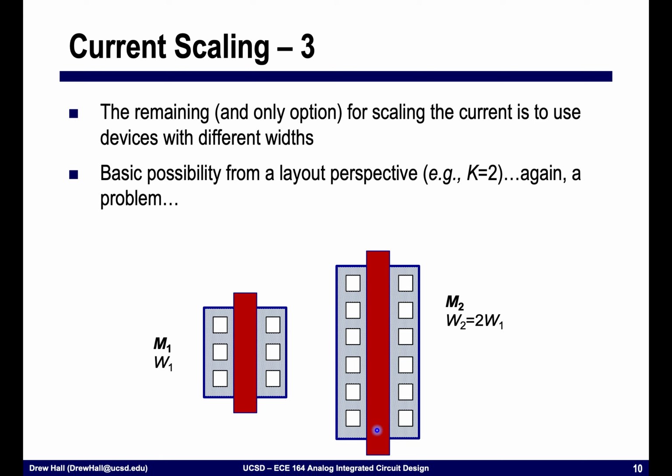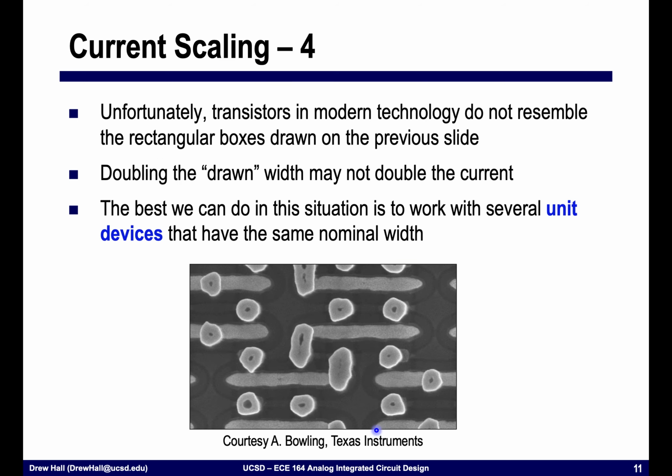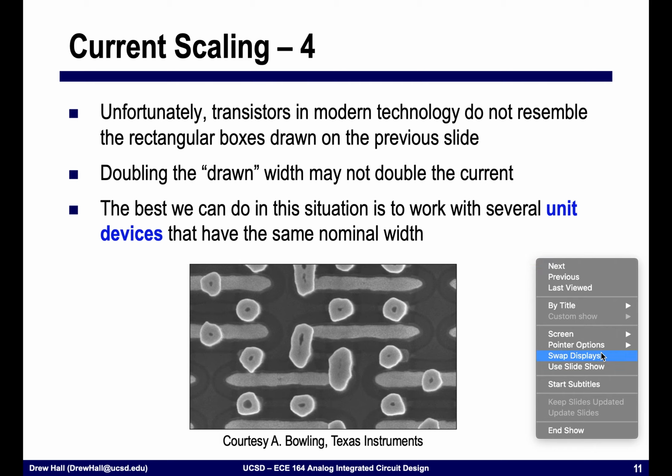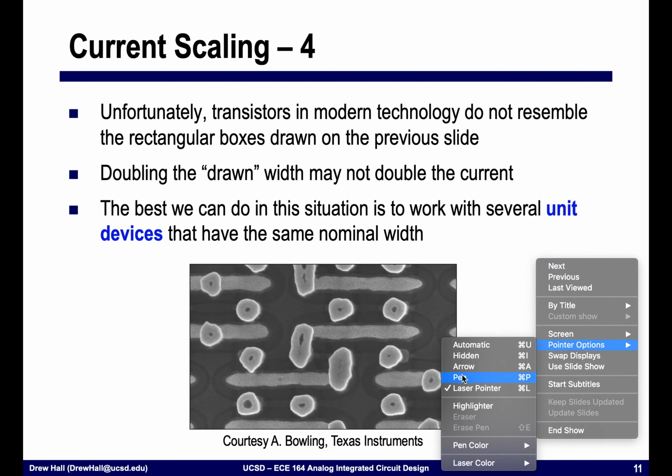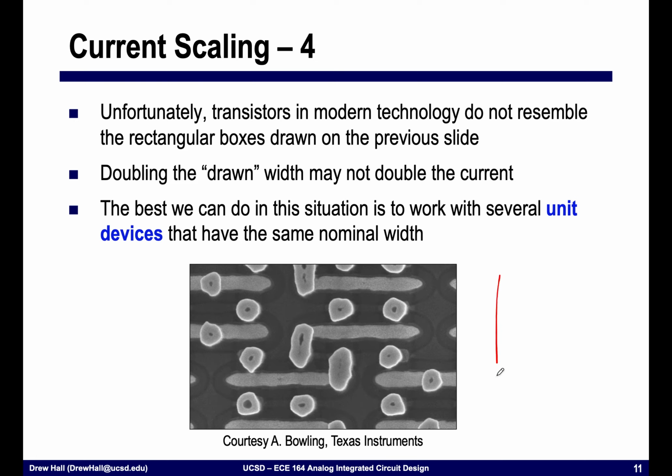This is a little bit problematic still in advanced technology nodes, in particular because modern transistors don't really look like the rectangular geometries that I was showing on the previous slide. And so simply doubling the size of the drawn device doesn't really double the current, okay? And when you start to dig into why that's the case, it occurs because of what I'm going to call the edge effects.